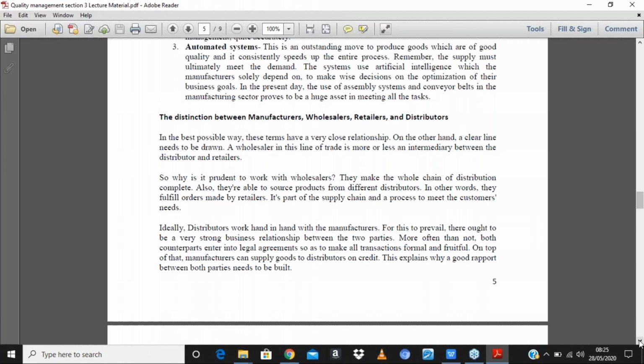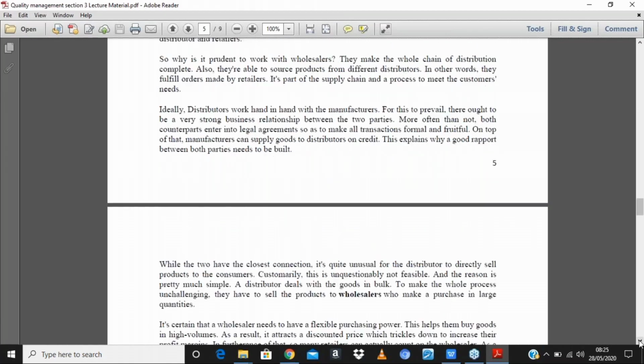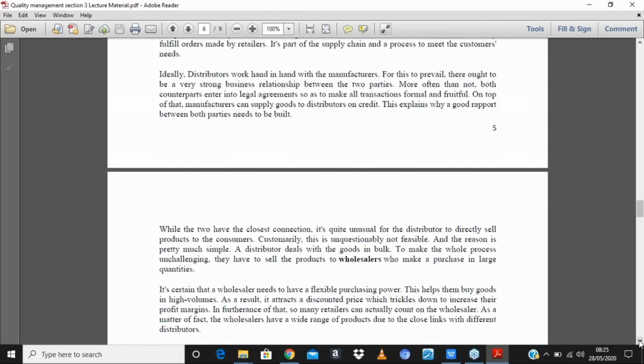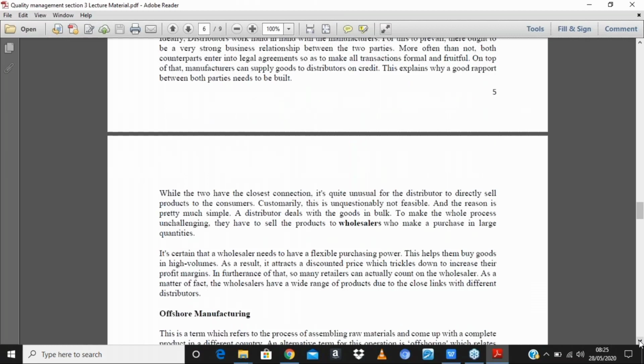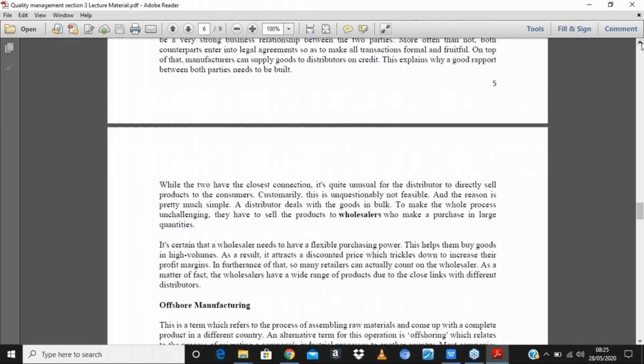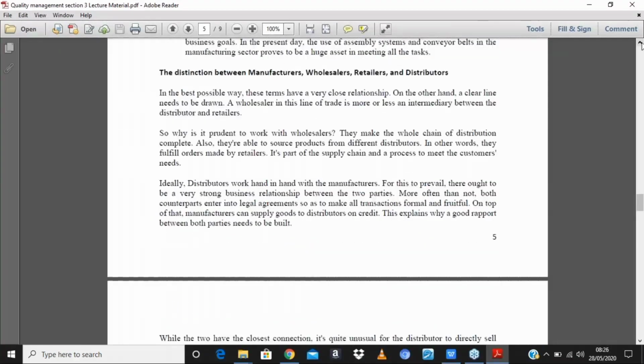We've already said right from the beginning that a manufacturer is one who produces products from the raw material stage and converts them into a finished product that can be used by anyone.